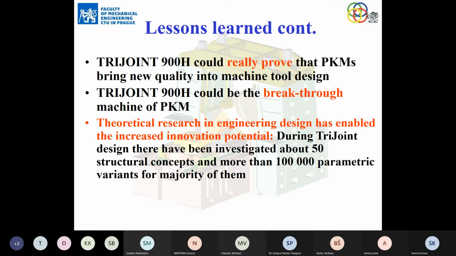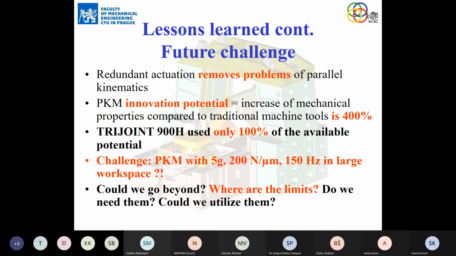it was using this increased potential of efficient scientific computing, using genetic algorithms and Pareto multi-criteria optimization, global computation, and based on that, it's much more improved.